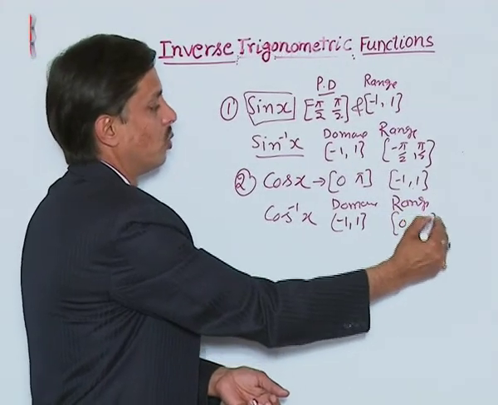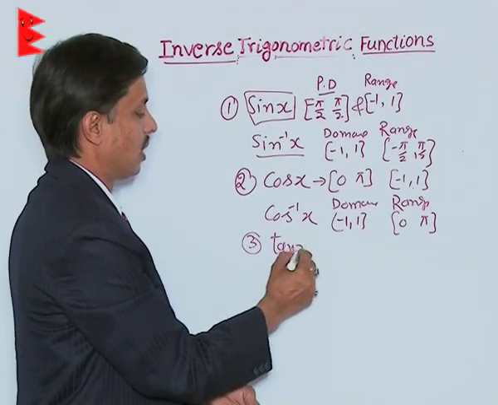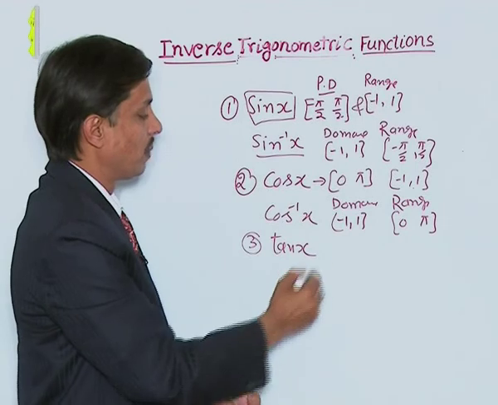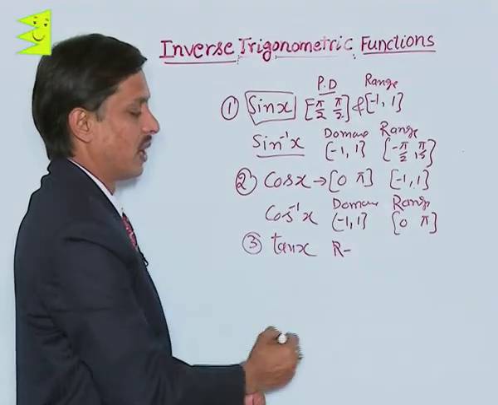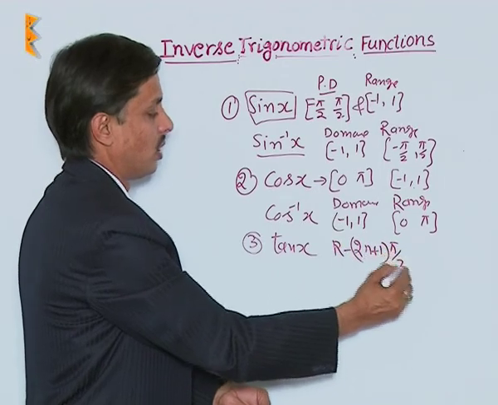Similarly, if we go to tan x, you know the domain of tan x is every real number other than odd multiples of pi by 2.